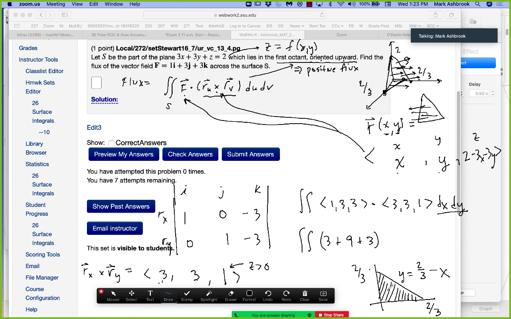So how do we want to do this? Now we have our choice. We have a double integral. We could do type 1, type 2, or polar. I've written this as y equals 2/3 minus x, so I think it'd be easiest just to do type 1. Type 1 means go from bottom to top, 0 up to 2/3 minus x, and then all those bottoms to tops go from 0 to 2/3.